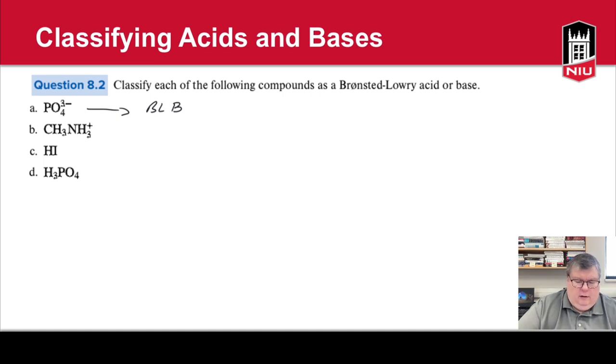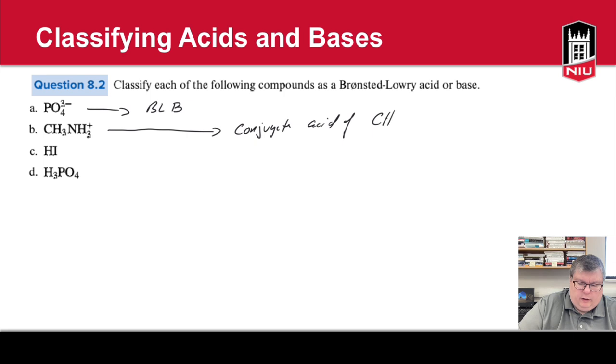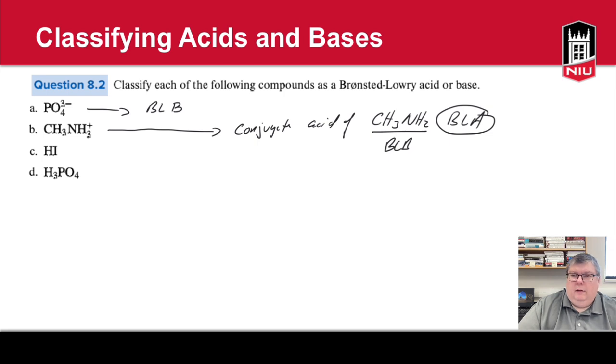This is the conjugate acid of CH3NH2. Because CH3NH2 is a Bronsted-Lowry base, this must be a Bronsted-Lowry acid.